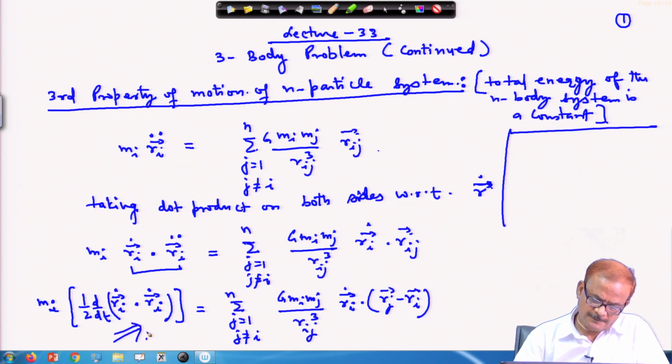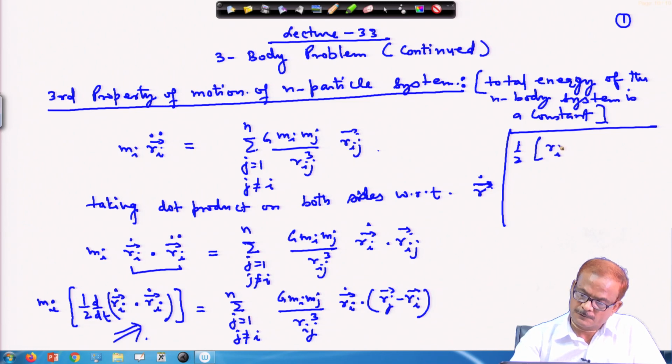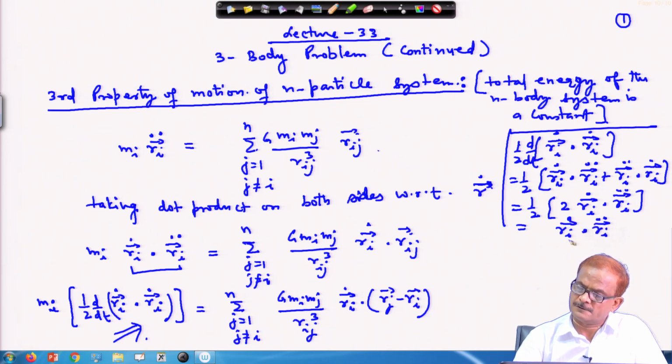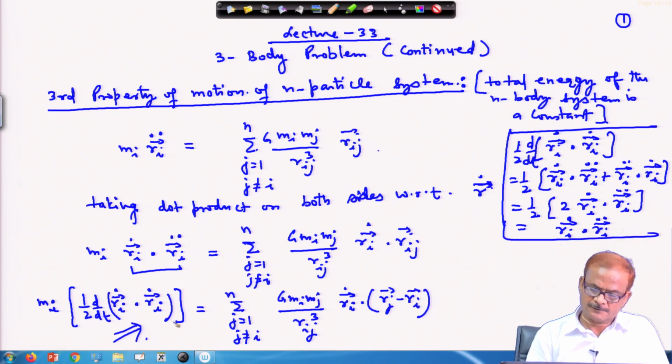We can verify: 1 by 2 d by dt of r I dot dot r I dot is 1 by 2 times r I dot dot r I double dot plus r I double dot dot r I dot, which reduces to r I dot dot r I double dot. So, whatever we have written here is true.